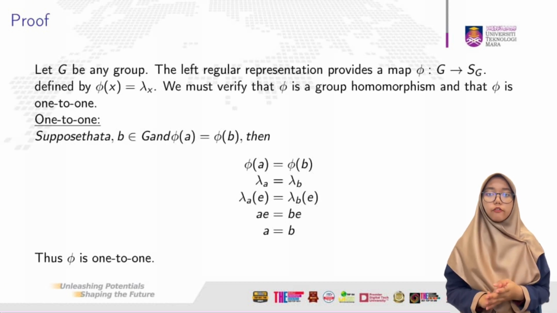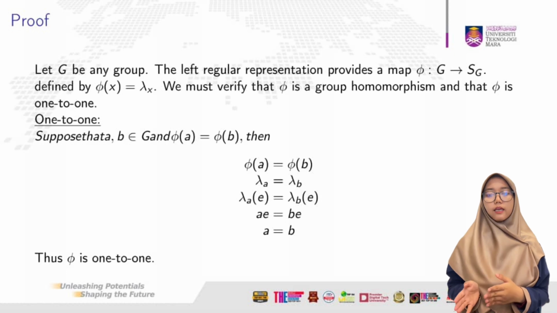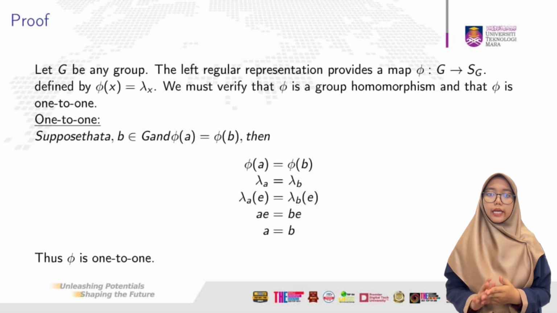First, for 1-to-1, suppose that a, b are elements of G and phi(a) equals phi(b). Then lambda a and lambda b, so lambda a (e) equals lambda b (e). For lambda a we get a, and lambda b will be b.